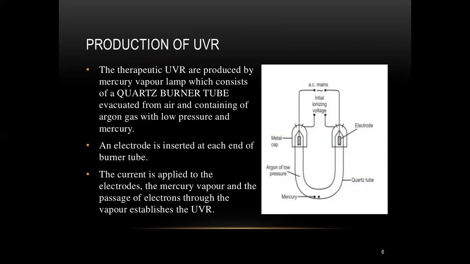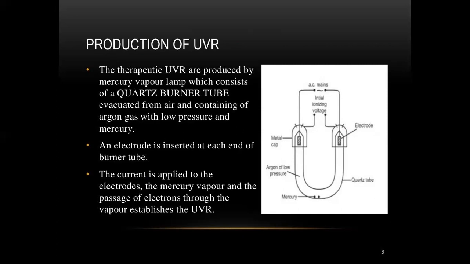The therapeutic UVR is produced by a mercury vapor lamp, which consists of a quartz burner tube, evacuated of air and containing argon gas at low pressure and mercury. An electrode is inserted at each end of the burner tube. The current is applied to the electrodes, and the passage of electrons through the mercury vapor establishes the UVR.